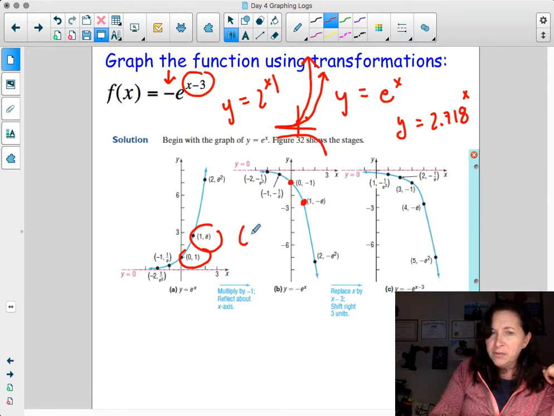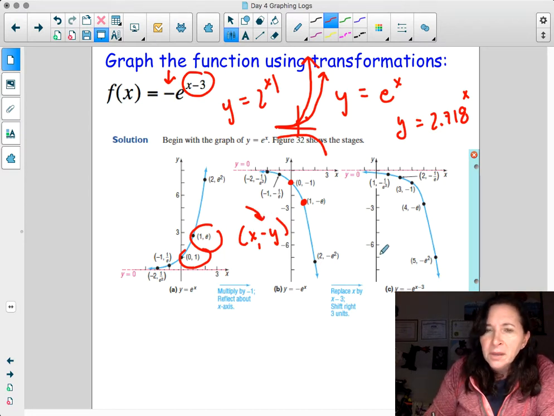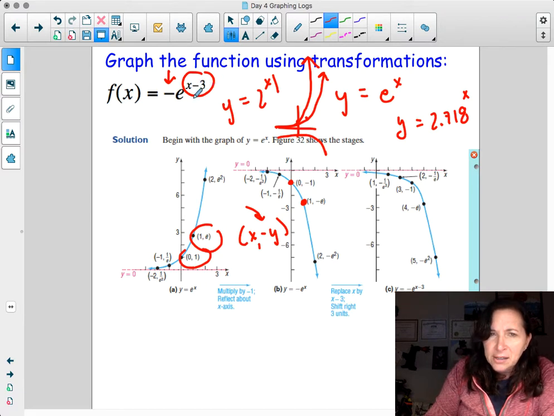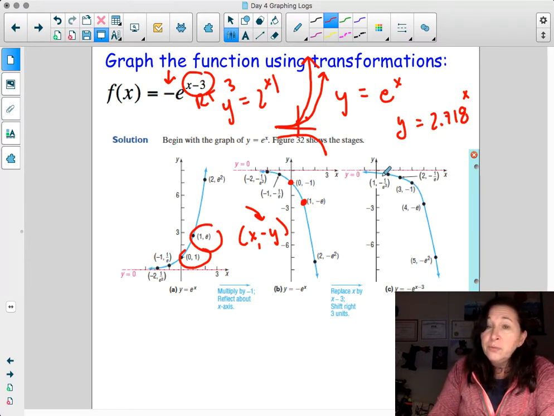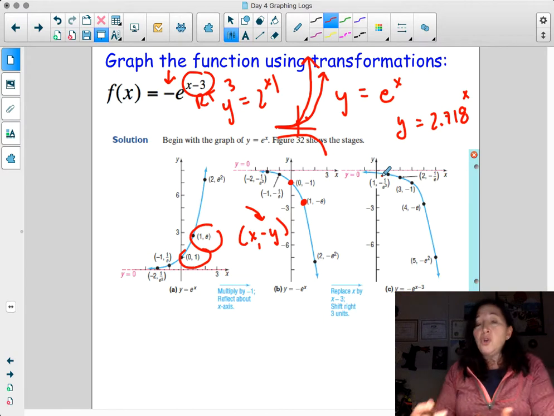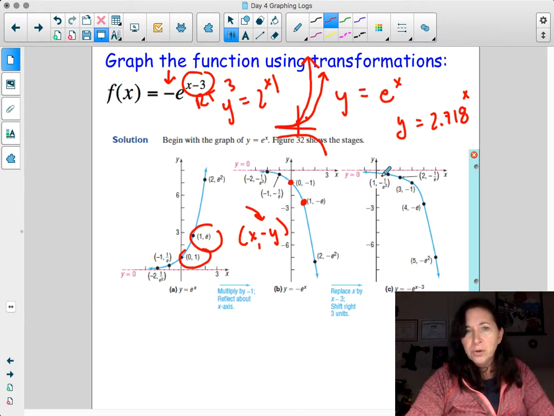Remember, we talked about this before. The reflection across the x-axis changes that value here on the right. And lastly, this x minus 3 moves my graph to the right 3. And so that takes this whole value, and instead of it being 0, -1, now it's 3, -1, because I moved to the right 3 points. So it's really important that you keep the points and you follow the points as you move.